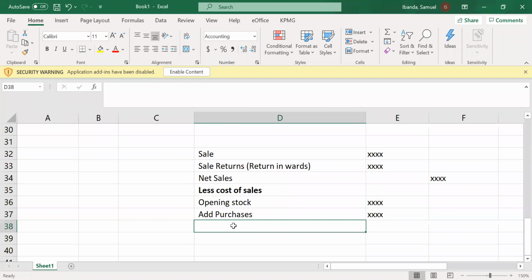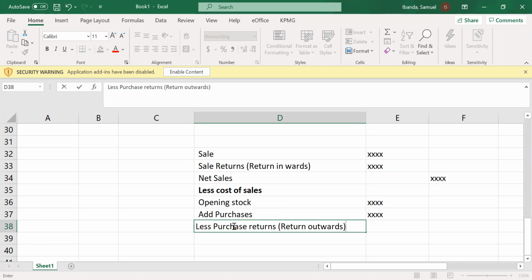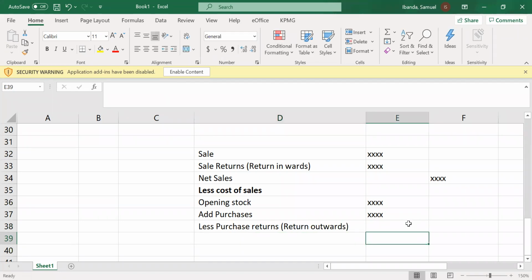So we can adjust our purchases with what? With purchase returns. So we can less purchase returns from our purchases. Purchase returns are also called return outwards. The examiner may call it return outwards this time, so you have to have that in mind. Return outwards, okay? So this should be in brackets actually, because it's being deducted.